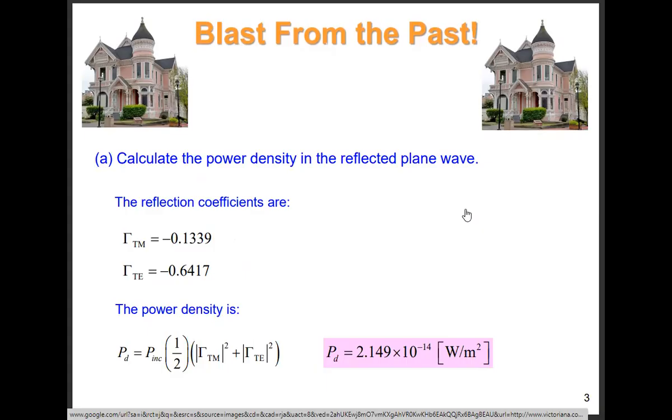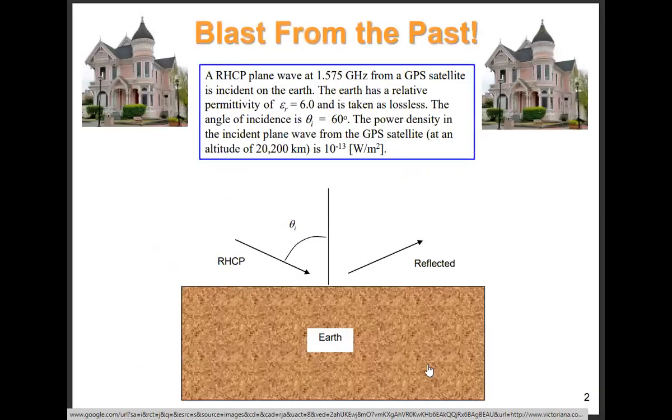Okay. Now, I didn't give a whole lot of details here, but the first thing I'm doing is just following the procedure that we talked about last time in the notes to get the reflection coefficients for TM and TE. So just to remind you, the reflection coefficient is Z2 minus Z1 over Z2 plus Z1, Z2 for the transmission line modeling the Earth, Z1 for modeling the air.